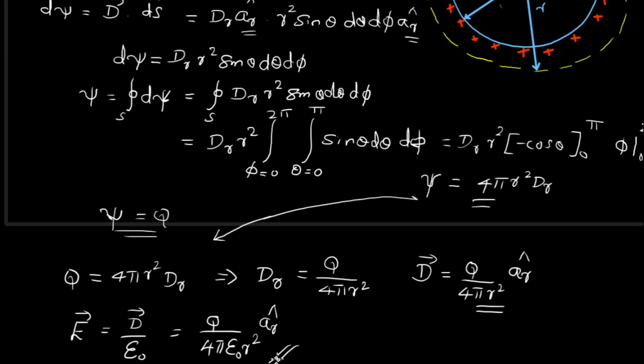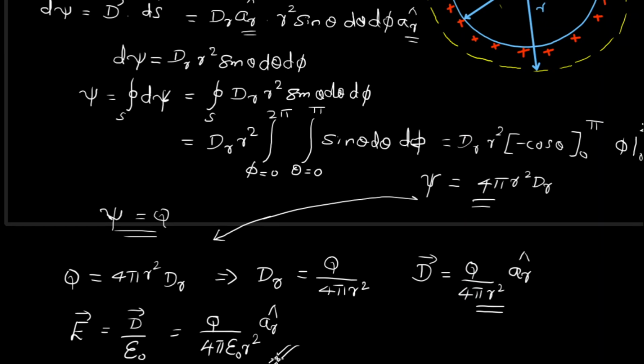So mathematically, I have found an equation for electric field intensity for any point P outside the spherical shell, which was our first case, right? I got it as Q by 4 pi epsilon naught r squared ar cap.